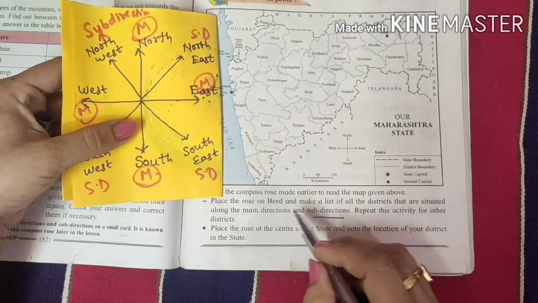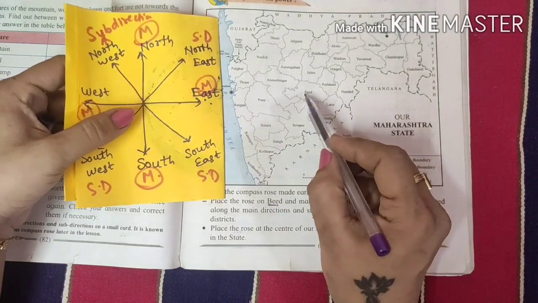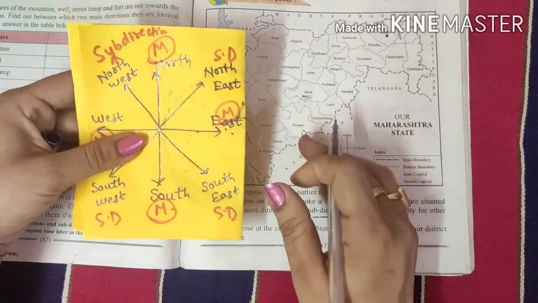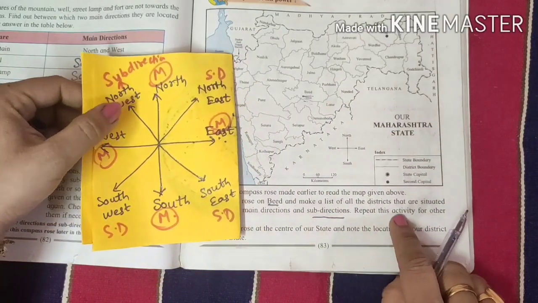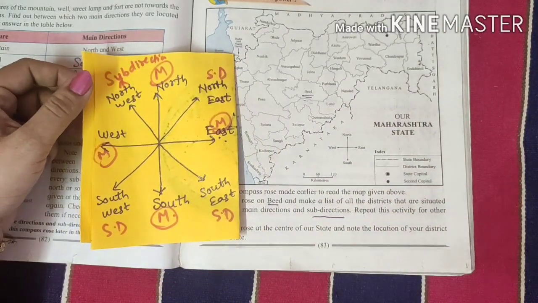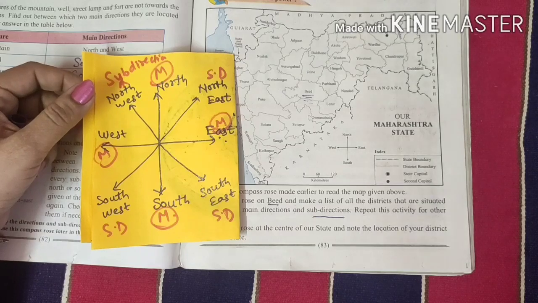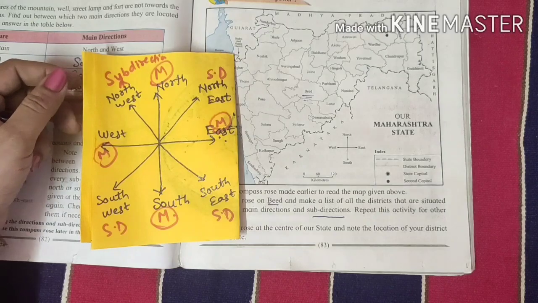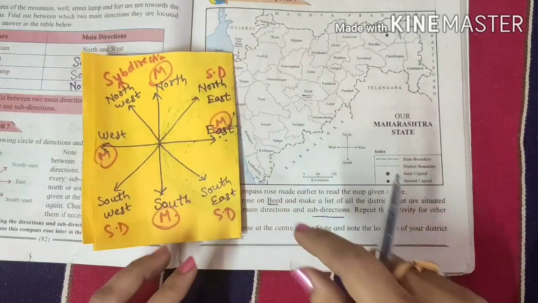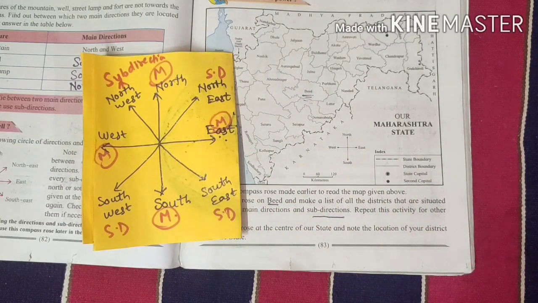Now what it is asked, see here Beed district, we have to place this compass rose on Beed, and we have to find out the directions and their sub directions, which are the districts that are in your north, east, west and south. Okay, so we will find out the directions with the help of our compass rose.